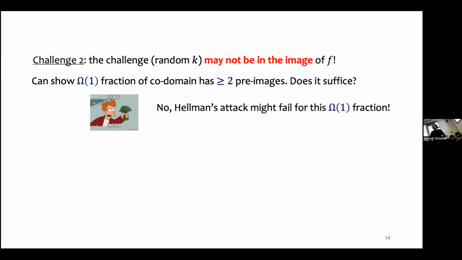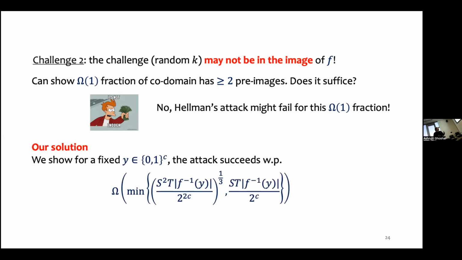Well, on its own, it's not enough, because Hellman's attack might actually fail for this constant fraction. So we need to say something stronger. What we did was we analyzed Hellman's attack, and we showed that for a fixed value in the codomain, the attack succeeds with probability that is proportional to the number of inverses the particular value has.